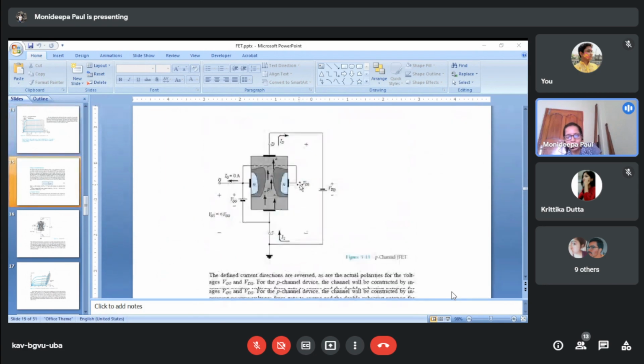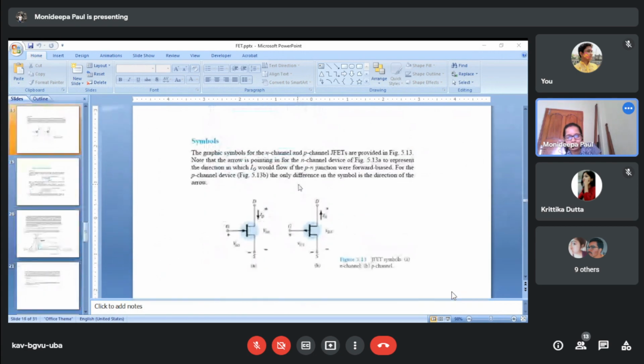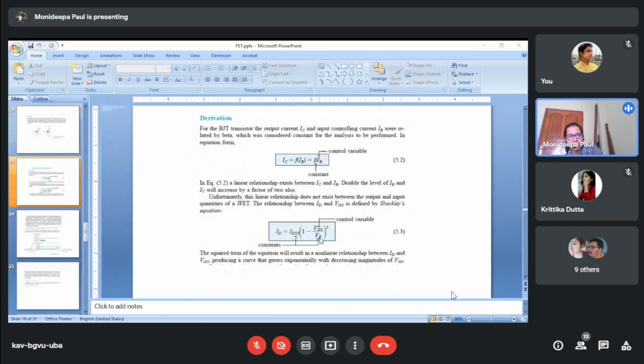So in this equation, this is the constant value, and this depends on the VGS. So ID also depends on the VGS. Due to this reason, VGS means the voltage between gate and source. That means ID, the output current, depends on the voltage. So this is called voltage control device.